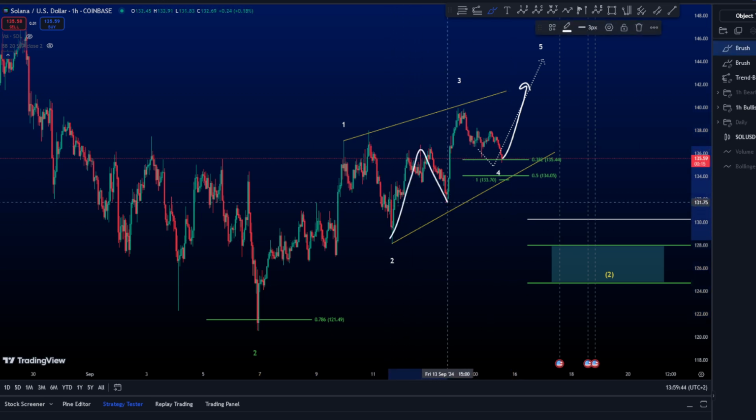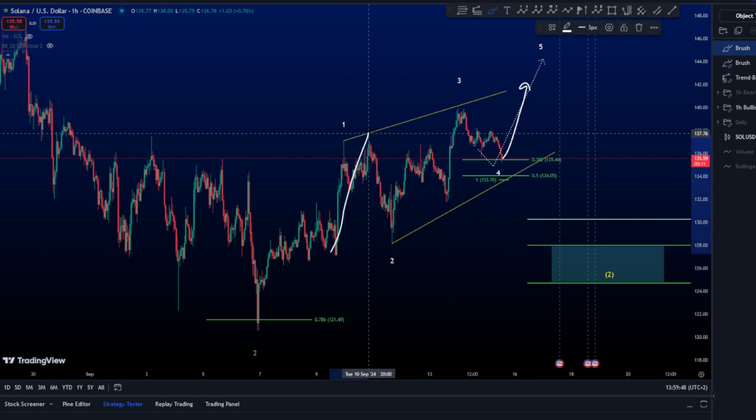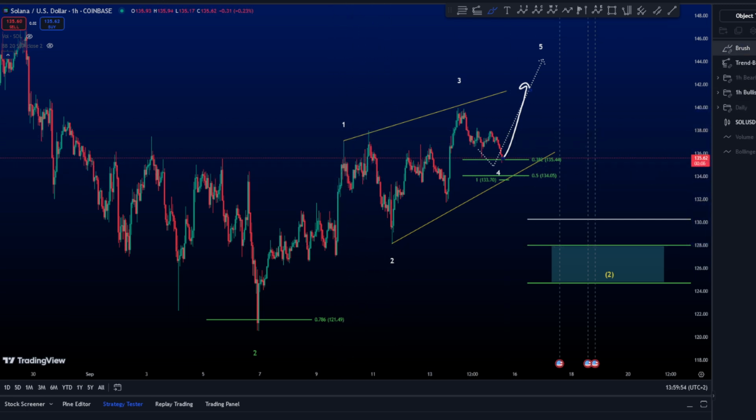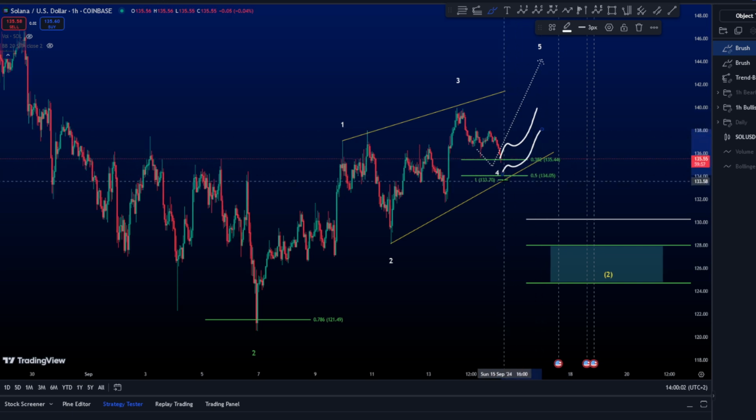Your wave 5 has finished in kind of a diagonal as well. Your wave 3 is still a zigzag, right? It doesn't have 4, 5. So therefore, we are definitely in a diagonal here. We are still looking for that wave 5. It might start from here, it might start from there, or after hitting exactly the 1-to-1 fib level.